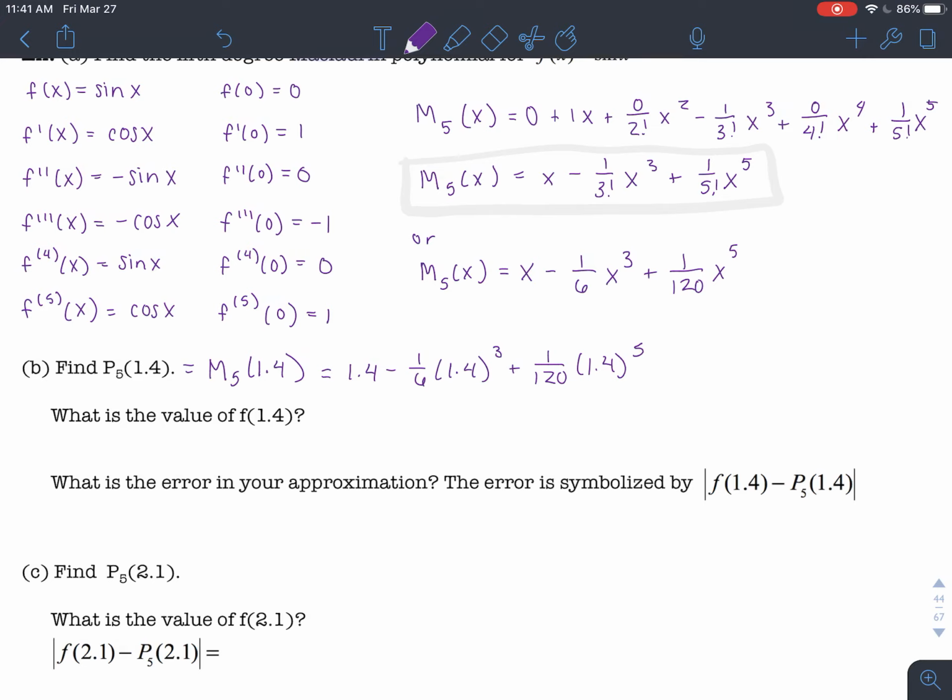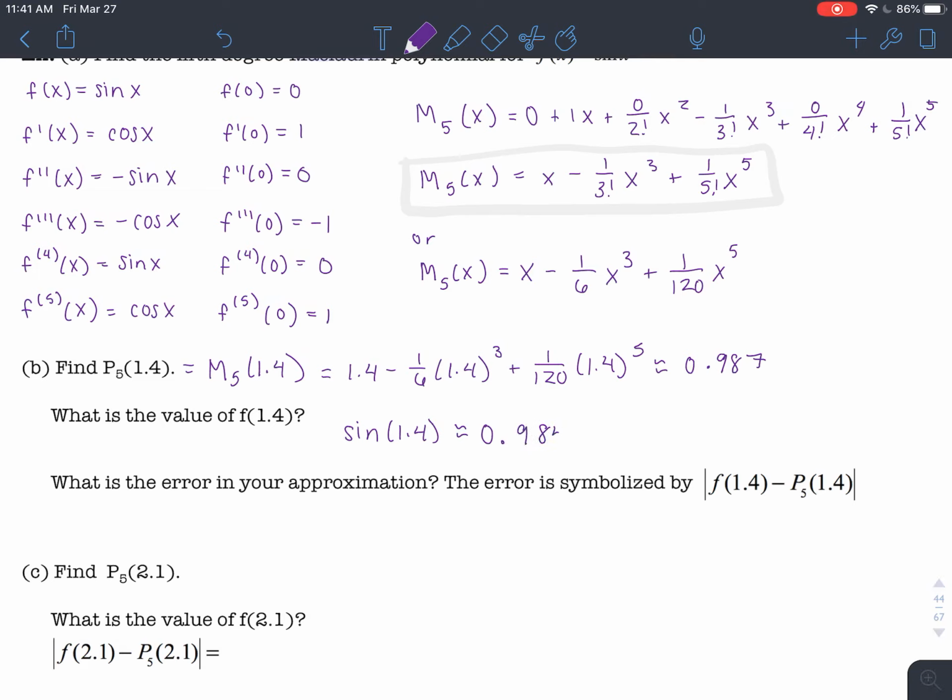So quickly just typing that in as fast as I can. I get that that is approximately 0.987. And the actual value of f of 1.4, really that's the sine of 1.4.